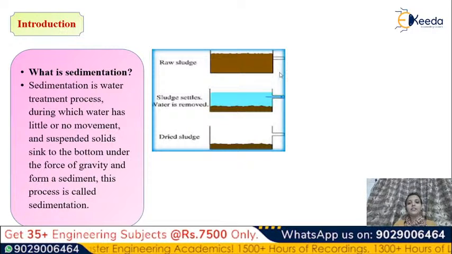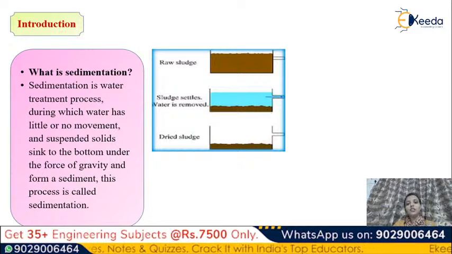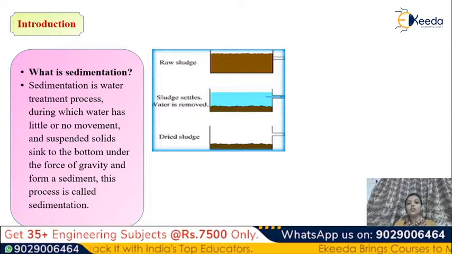As you can see in these three stages of sedimentation, in the first diagram the water is turbid, that is, raw sewage mixed with solids. As described here, we provide stagnant water, which means zero velocity. We store this water in a rectangular container, which we call a sedimentation tank.